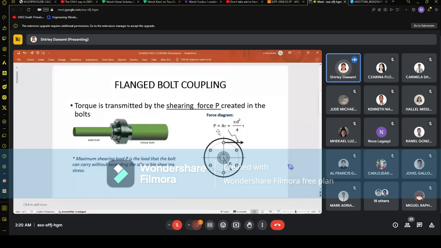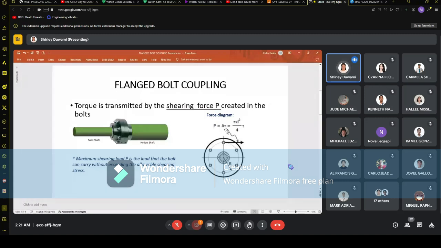So in the force diagram here at the side, again, the bolt will resist the torque. As the bolt resists the torque, the bolt offers what we call the shearing force, which is P, which is equal to area times the shearing stress.